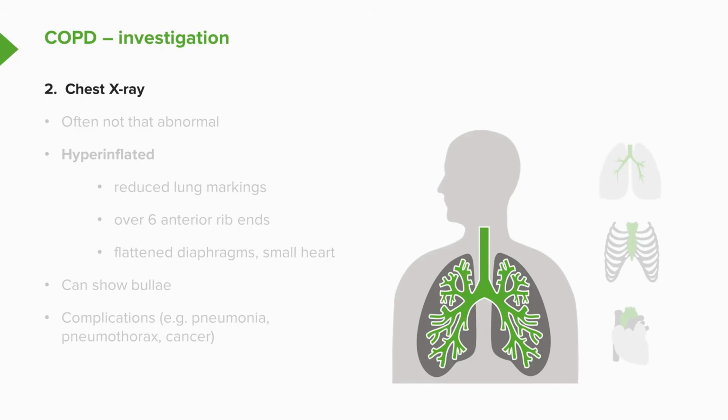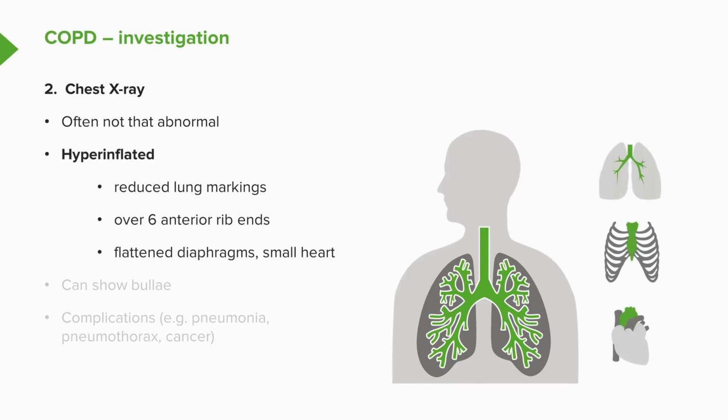The other investigations you need to do with somebody with COPD, well, clearly a chest x-ray is useful, but actually it's not that abnormal in most patients. In patients with significant disease, it will show a degree of hyperinflation with reduced lung markings, more visible anterior rib ends than normal, perhaps flattened diaphragms and a small heart. You can see bullae on a chest x-ray.